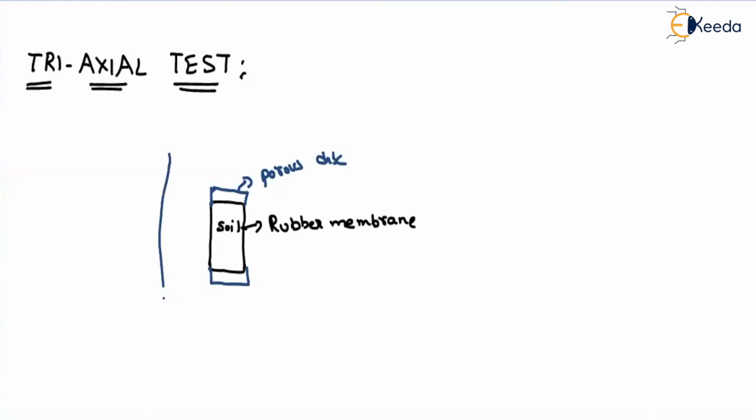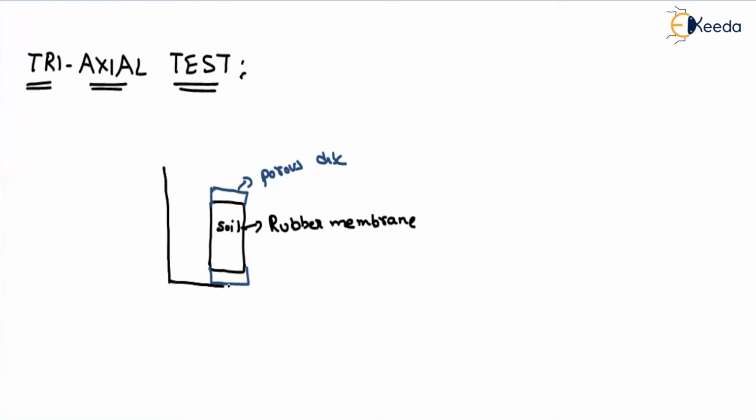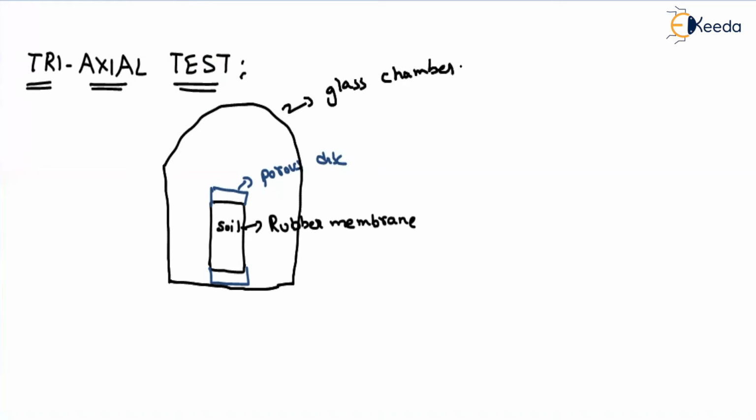It is in the glass chamber. Even though the diagram does not look correct, let us say that it is surrounded by a glass chamber, and between the glass chamber and the soil sample it is filled with water pressure.